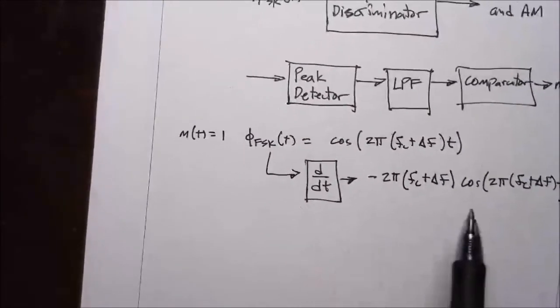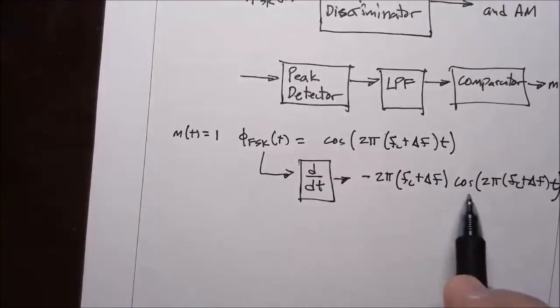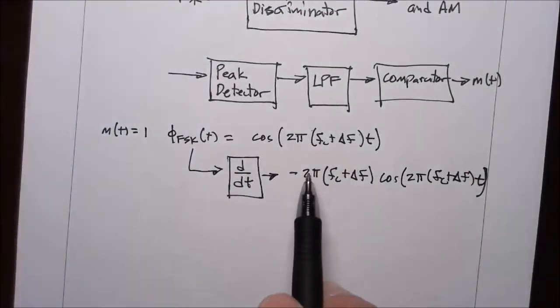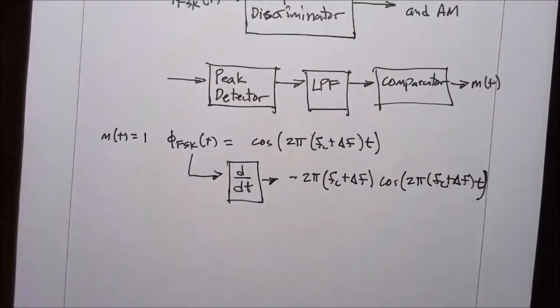So this would be the signal that results from the frequency discriminator when the message signal is 1.